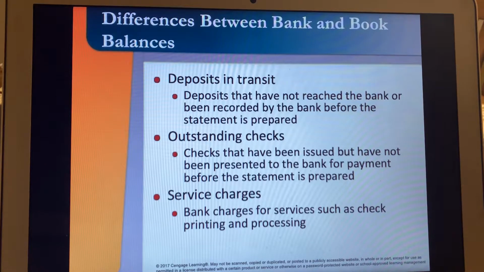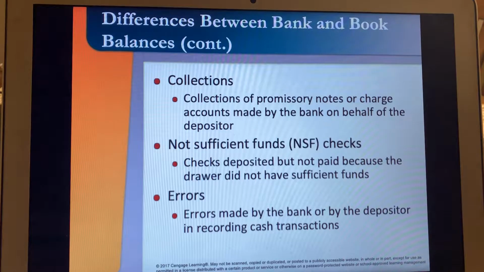Deposits in transit: deposits that have not reached the bank or been recorded by the bank before the statement is prepared. Outstanding checks: checks that have been issued but have not been presented to the bank for payment before the statement is prepared. Service charges: bank charges for services such as check printing and processing.